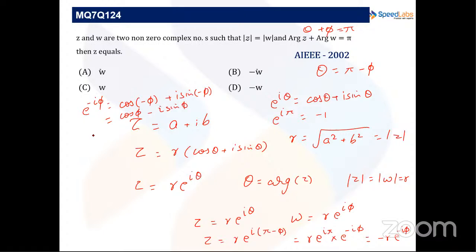So if w is r times cos phi plus i sin phi, then w conjugate is r times cos phi minus i sin phi. Oh sorry, phi we are using. Okay, so we are getting that value here. So this value is minus of w conjugate.